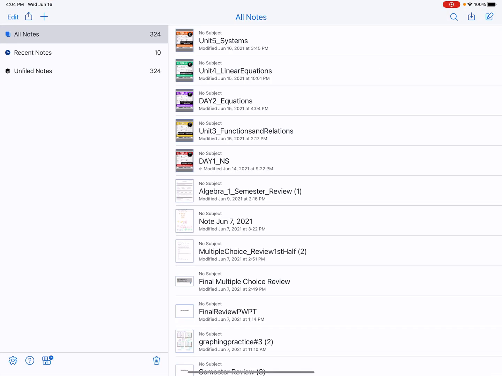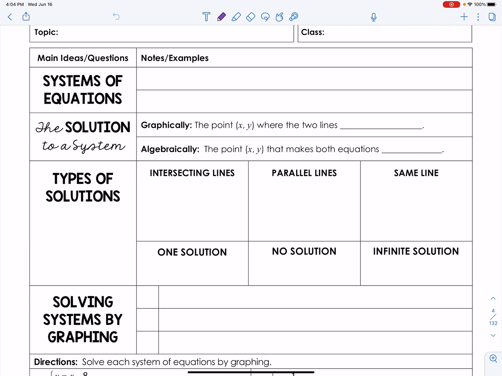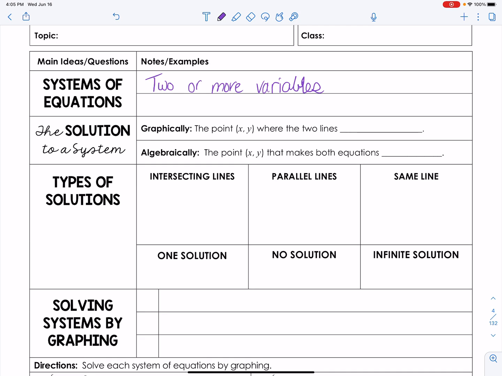All right, so we're starting the systems unit, and you have your notes. So you have systems of equations. So you're looking where two or more variables, I can't spell, variables, that's right, on an equation.